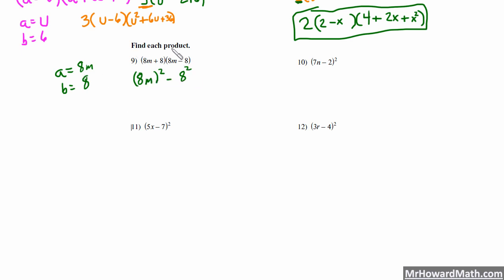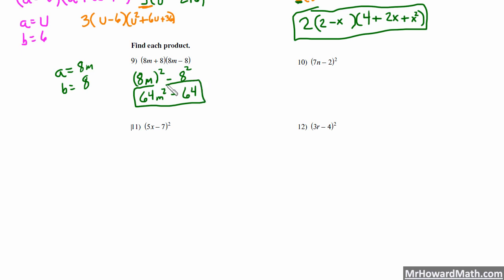This turns into a squared minus b squared when you multiply it out. So 8m quantity squared becomes 8 squared is 64, m squared is just m squared, minus 8 squared. 8 squared, we know what that is. That's 64. So 64m squared minus 64. Okay? So there's our answer there.